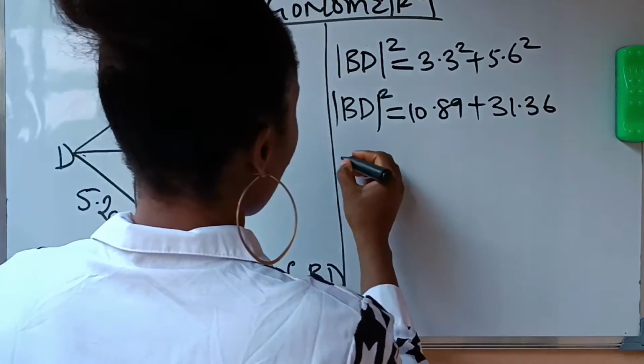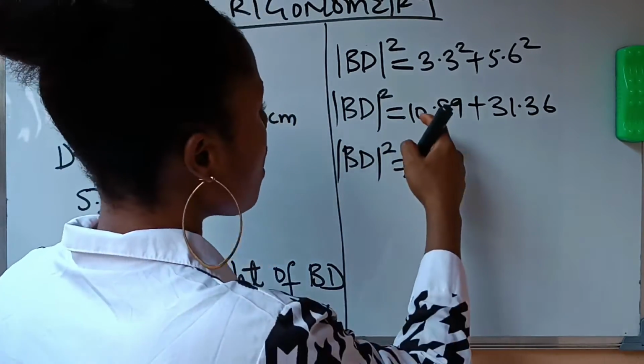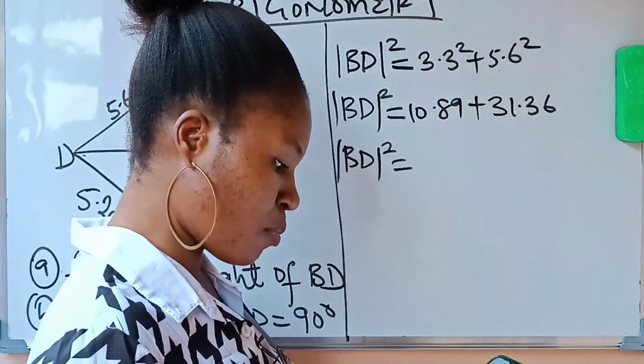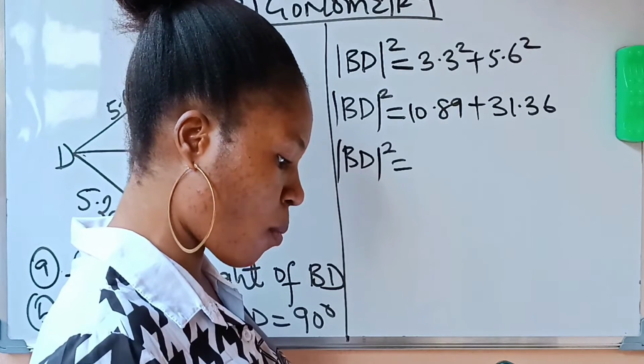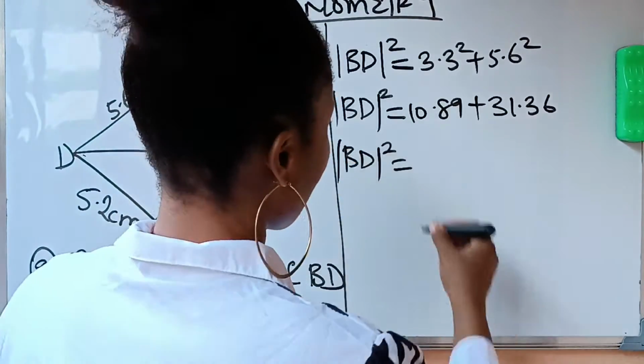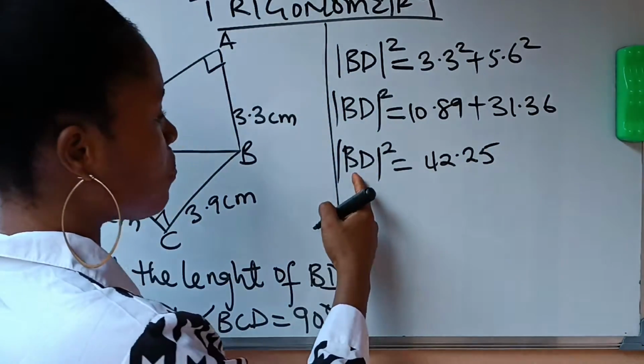Now BD squared is equal to 10.89 plus 31.36, and you are going to have 42.25. So we have 42.25 as BD squared.